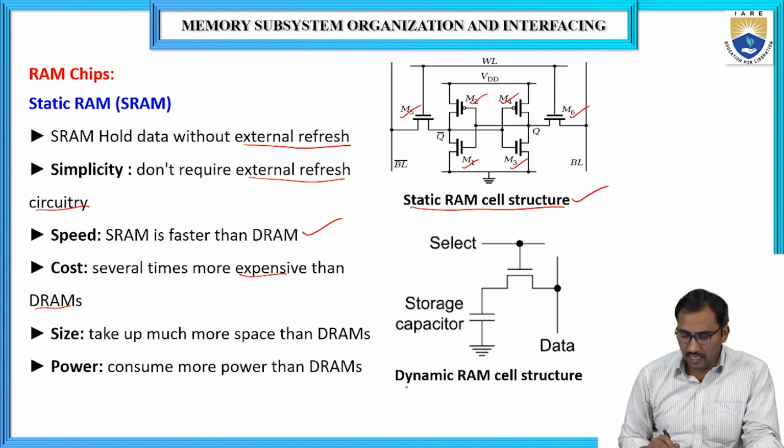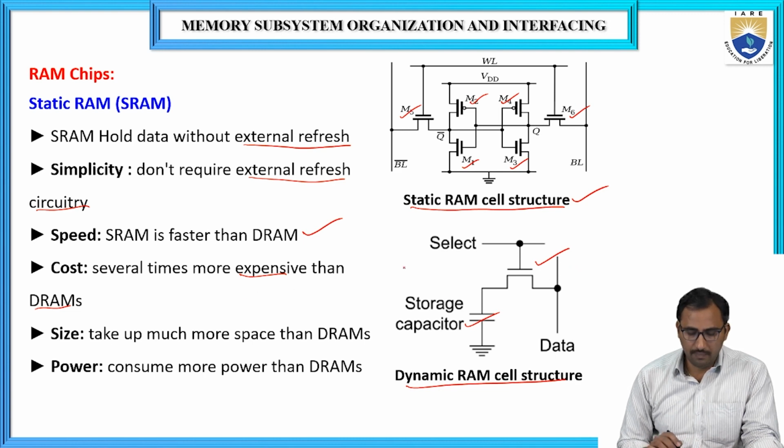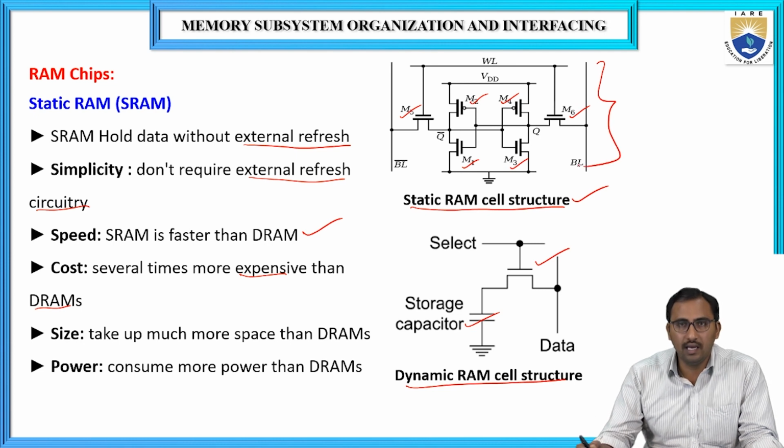Suppose you consider a DRAM cell, for the construction of this DRAM we require only two components: one is the pass transistor, nothing but a MOSFET, and one capacitor. So when you compare the complexity of the SRAM circuit with DRAM, the SRAM complexity is more, the cost is also more, and the power consumption of SRAM is also more, because more components are present inside the SRAM cell.